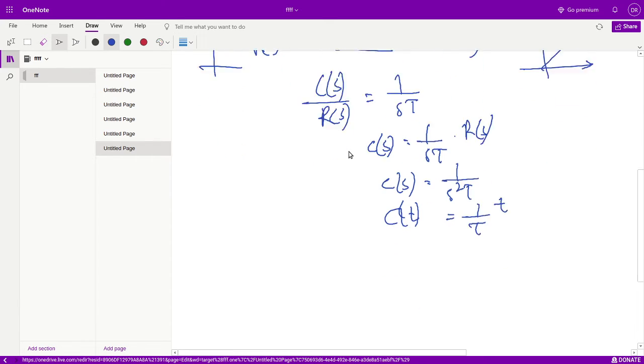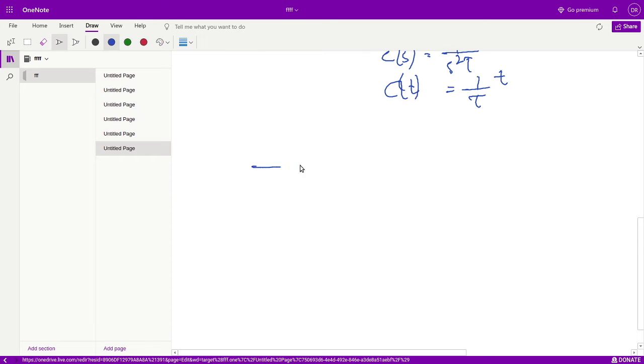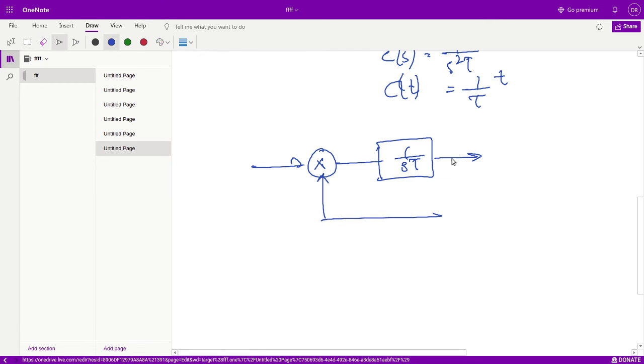Now if one feedback is present in this circuit, for example, there is the same gain 1 by sT and one loop feedback, gain 1, and here R(s), and this should be negative feedback. The error signal between the input and the feedback signal is continuously checked, to see if there is an error signal generated by comparison of the input and the feedback signal.